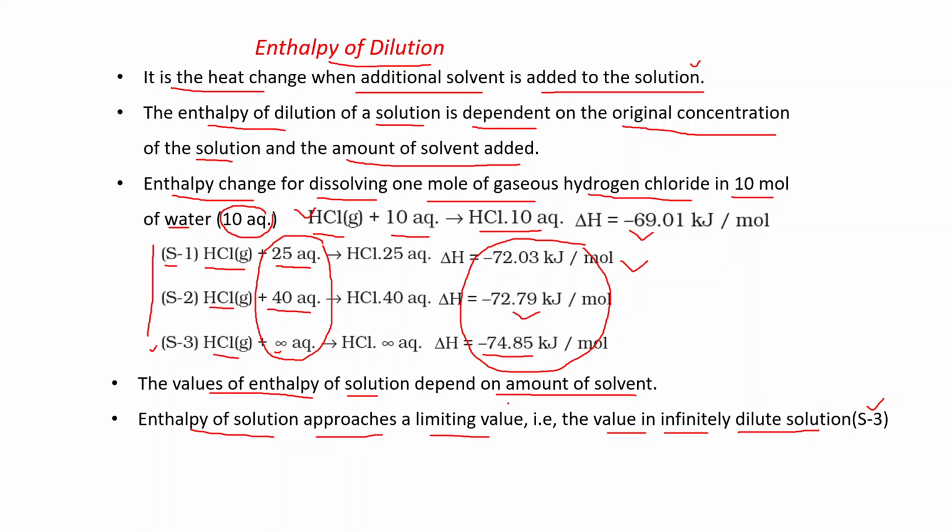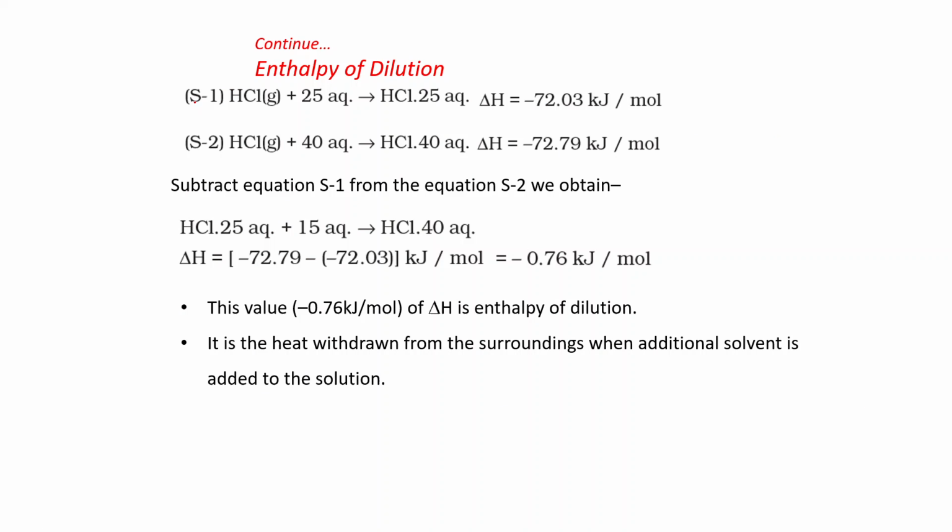Okay, now we will compare set 1 and set 2. Just see, in set 1 the enthalpy of solution is minus 72.03 kilojoule per mole, and in set 2 the enthalpy of solution is minus 72.79 kilojoule per mole.